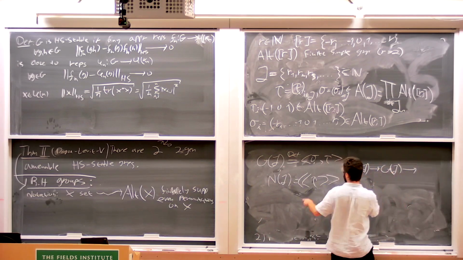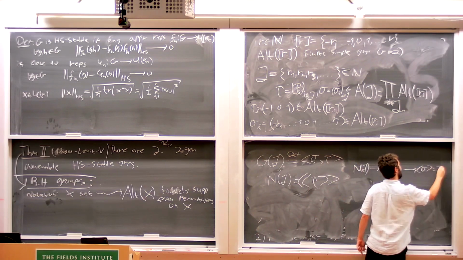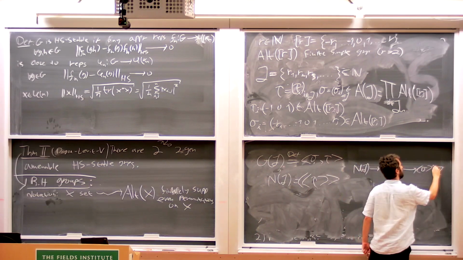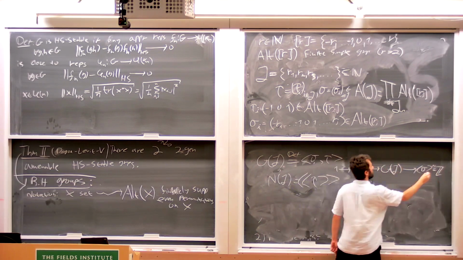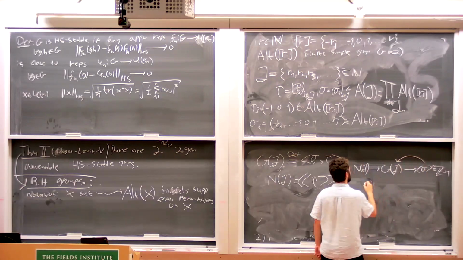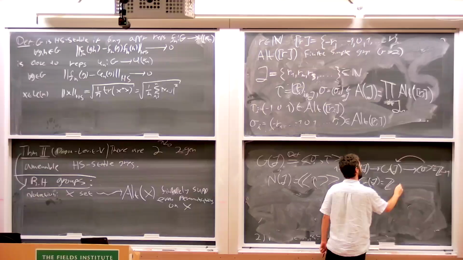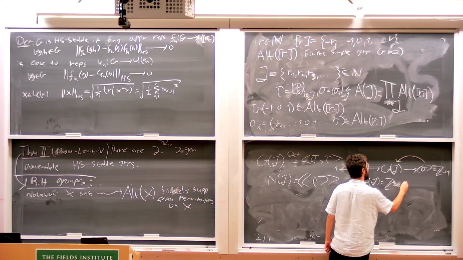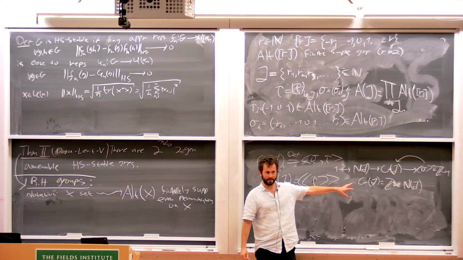When I quotient by this normal closure, I'm left with sigma, which is isomorphic to Z. Of course, this splits. So first of all, let's note that this group is a semi-direct product of Z with N_J. So we should understand N a bit better.